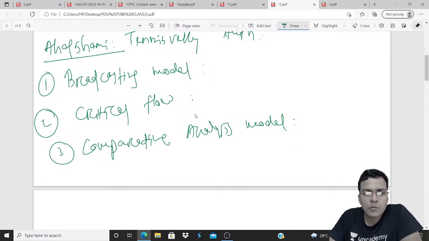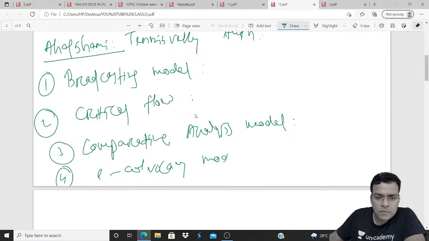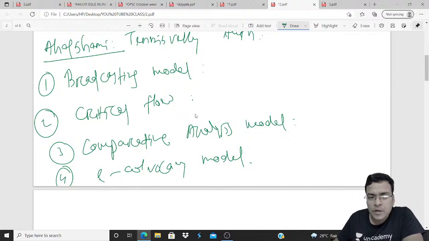One is the e-advocacy model. People are promoting something through IT, discouraging something, supporting government policy, disliking government policy, e-advocacy model.